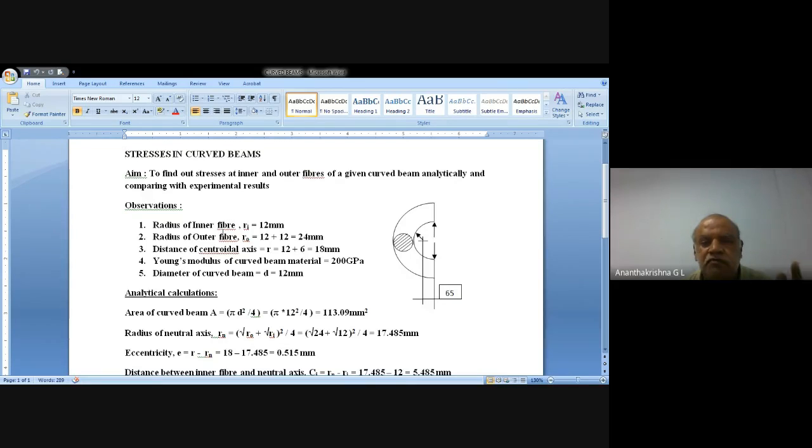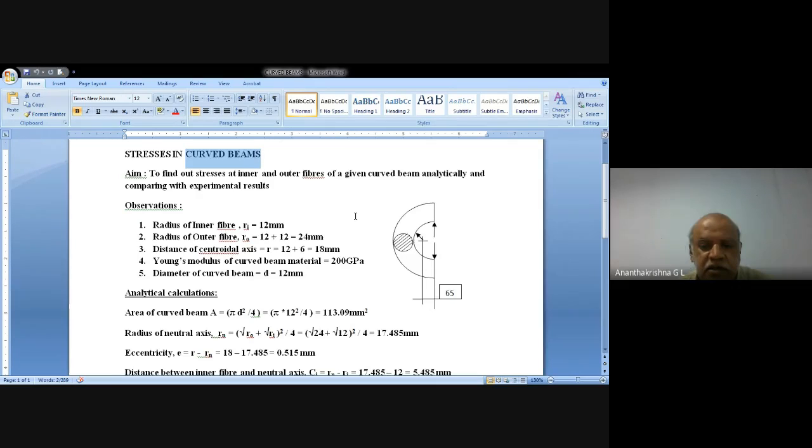The effect of bending moment is to bend the member. But in certain beams called curved beams, the neutral axis is already bent even before the application of bending moment. Such beams are called curved beams.